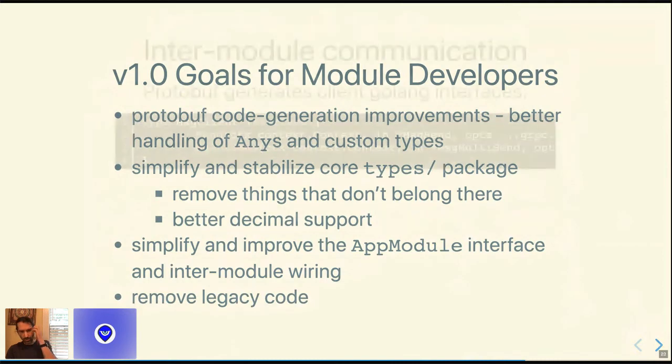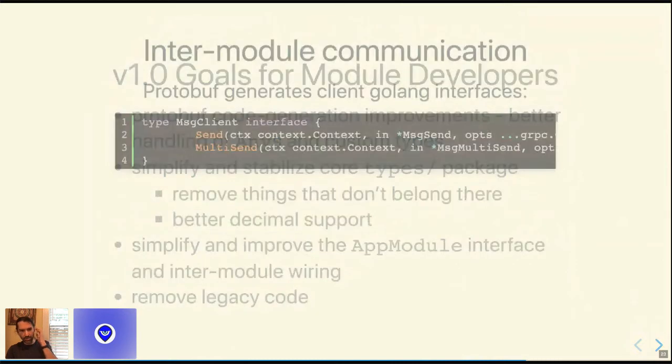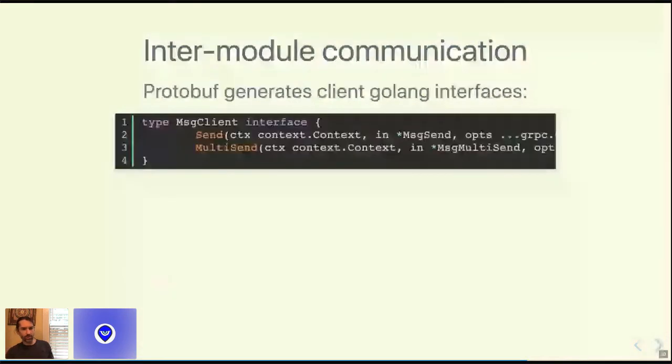All right, a bit more on this intermodule communication. I showed you the message server interface that protobuf generates. The protobuf compiler also generates this client interface, which is pretty similar. This is the interface that you would use to build transactions or to make queries.